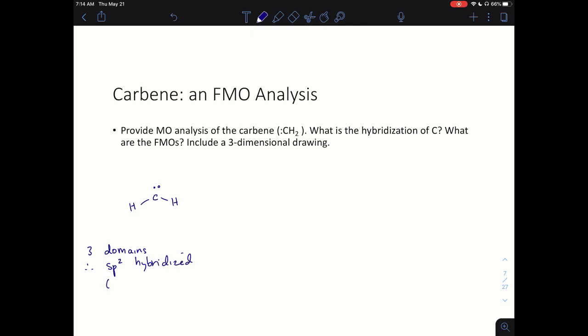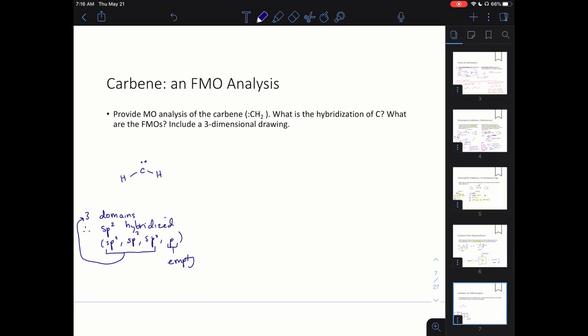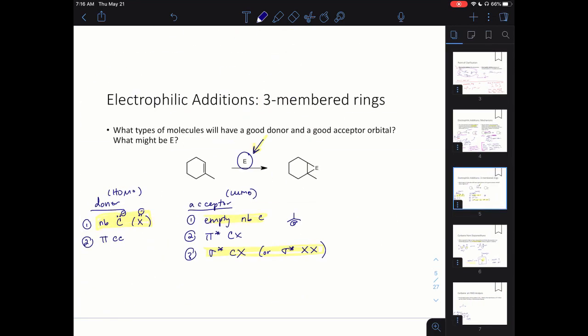If it's sp2 hybridized, it has 3 sp2 orbitals and 1 p orbital that was not involved in the hybridization. These 3 hybrid orbitals hold the 3 domains, and in this case, the p orbital will be empty. So hopefully, warning bells are going off. This is the acceptor orbital, this empty p orbital on the carbene.